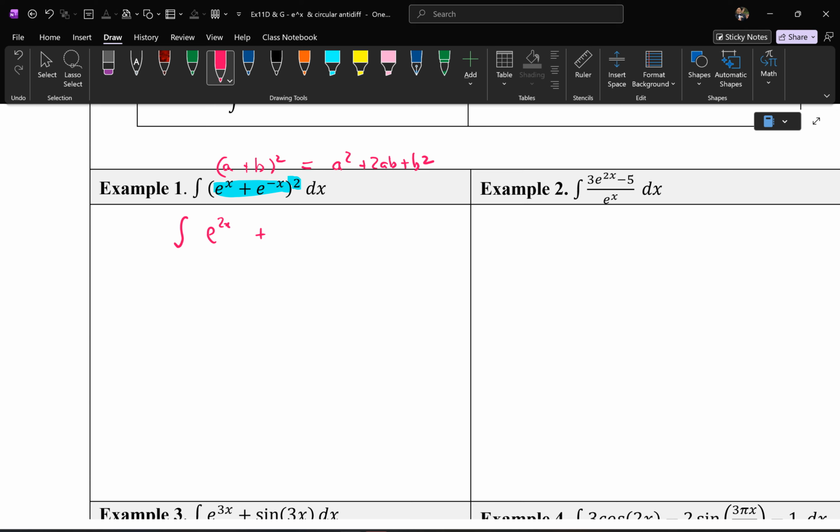Times them together and then put a 2 at the front. So here we go. I got 2 e to the x times e to the negative x. And then plus b squared, which is squaring the last term, which ends up being e to the negative 2x dx. Great. Now we've expanded them, and they are now much more familiar.